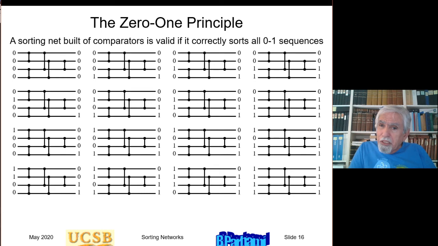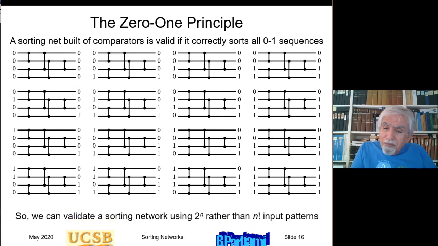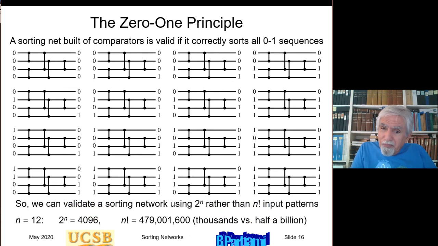So it's basically 2 to the n instead of n factorial. Of course, 2 to the 4 is 16, and 4 factorial is 24, so there isn't much saving here. But if n were 12, 2 to the n is 4096, whereas n factorial is 479 million and change.